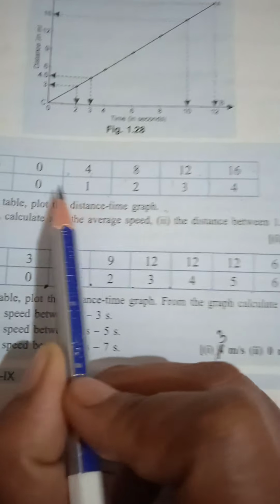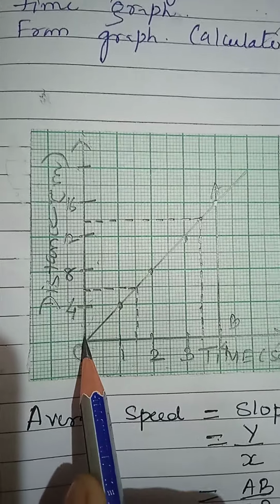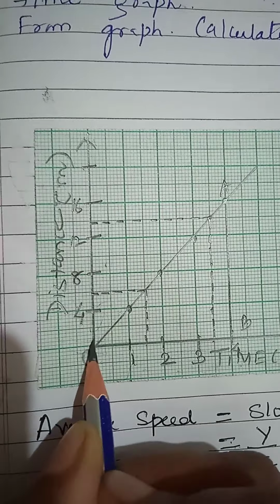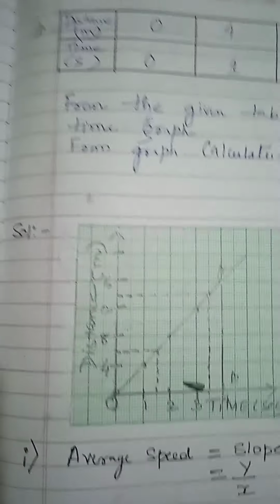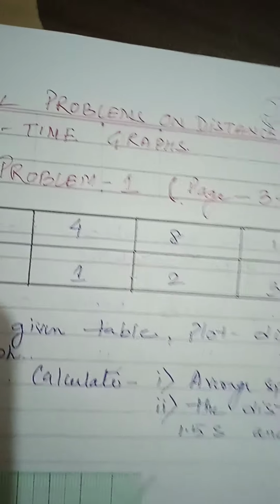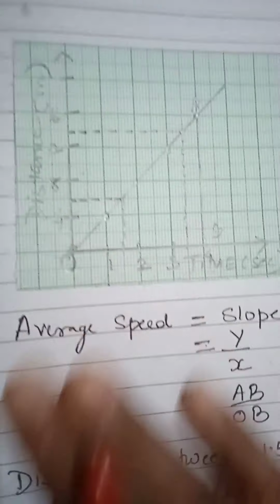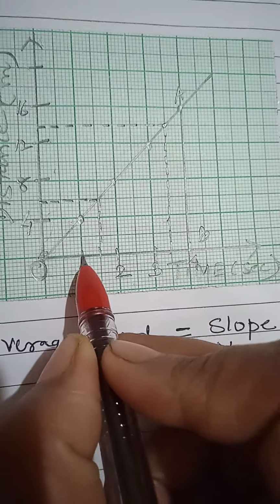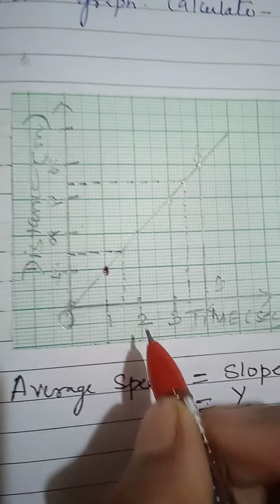Now for 0, 0, it means when the time is 0, then the distance is also 0. So point is here. Now when the time is 1 second, then the distance is how much? Just see. 1 second, distance is 4. So this is the mark 4.